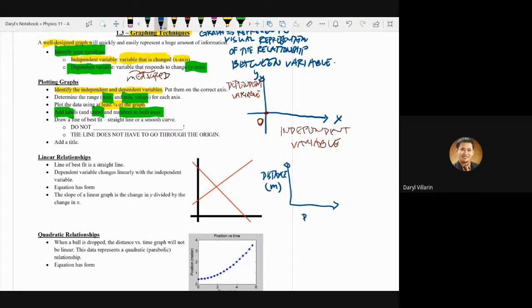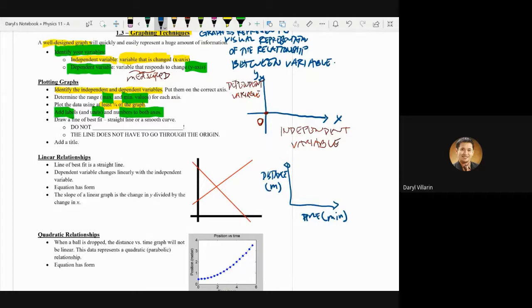Take note that the unit is placed in brackets. For my x-axis, since based on my experiment time is my independent variable, I place time, and then the unit should be minute. Again, I'm going to place it inside a bracket.